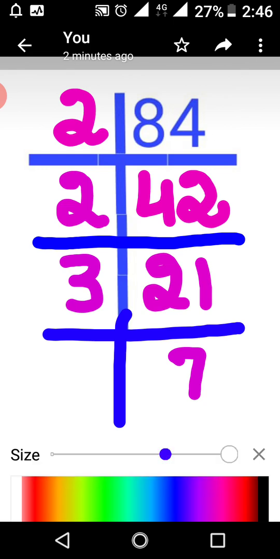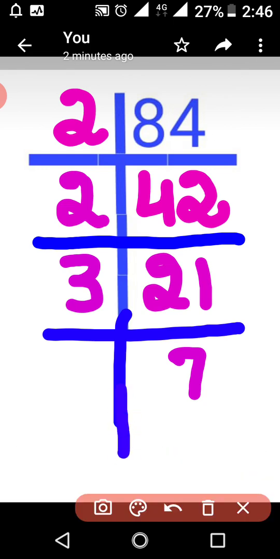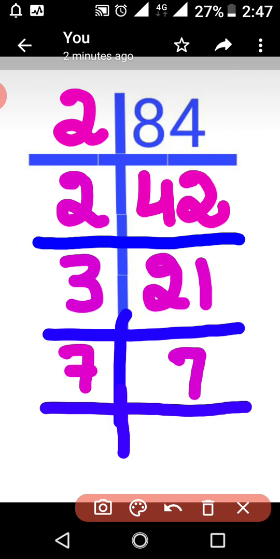Now again try to divide this 7 by prime number. Already 7 is a prime number, so 7 ones are 7. Now finally we got 1. Then the process is completed.